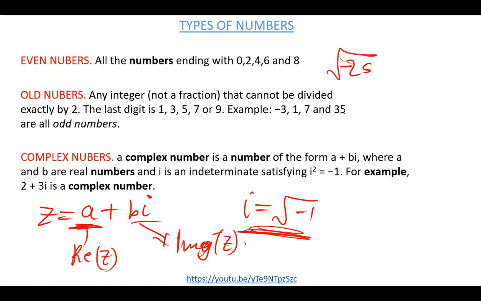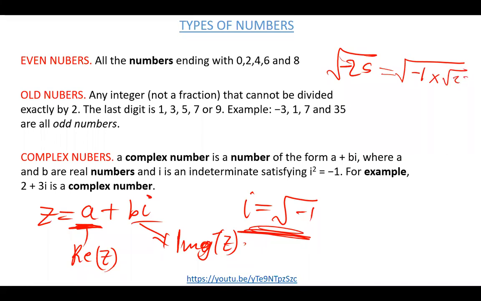So I was saying if you've been asked to find the square root of -25, according to normal numbers, we say it doesn't exist. When you talk about complex numbers, the square root of -25 is the same as the square root of -1 times the square root of 25.